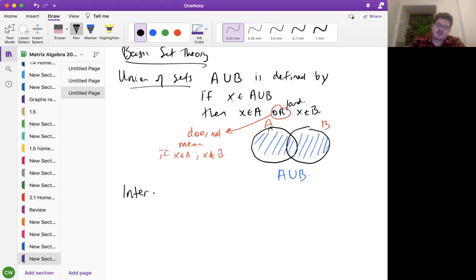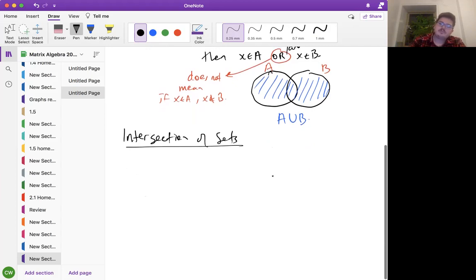The other thing we can talk about is intersection of sets. That's when we use and. So if we have A intersect B, and X is in the intersection, what do you know about X?